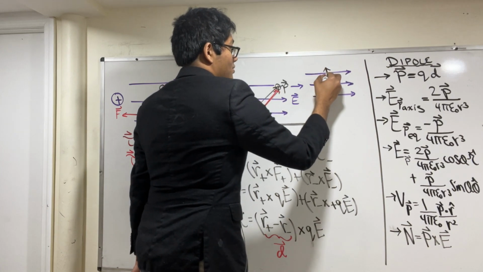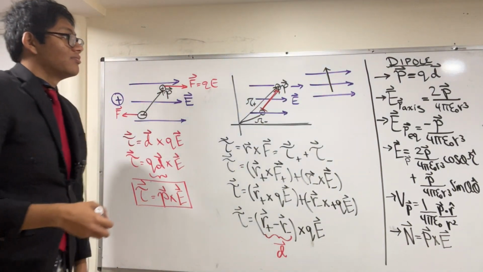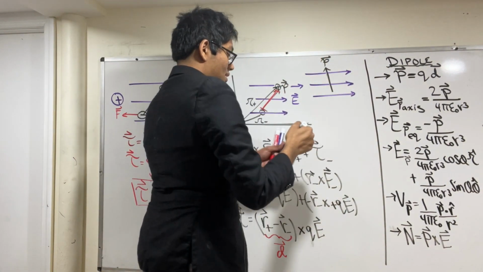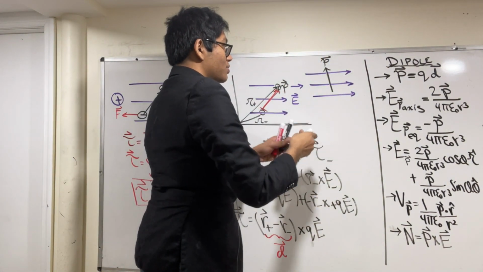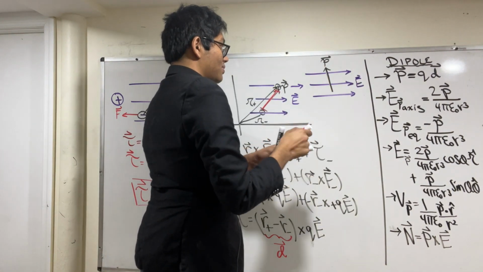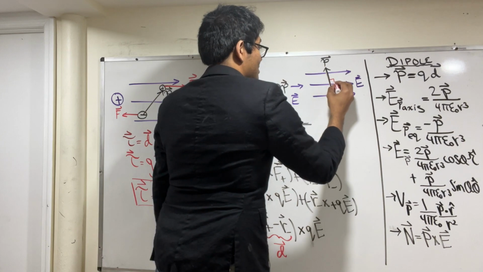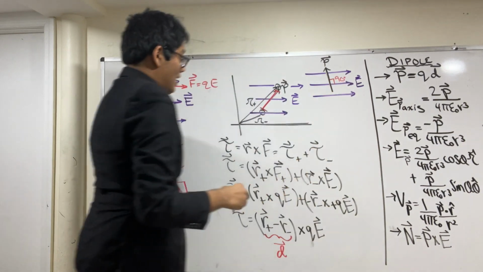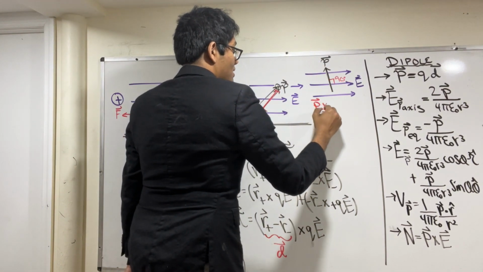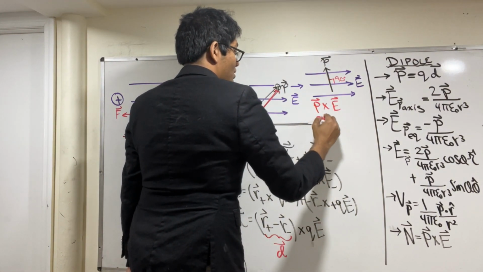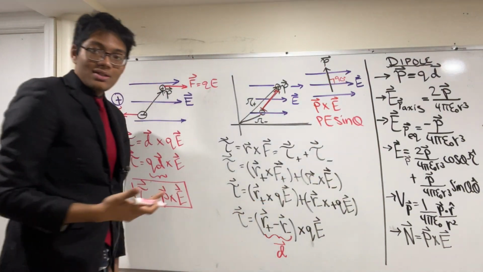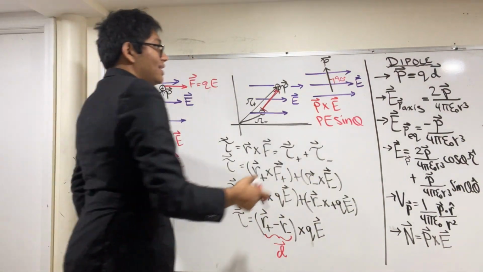Well, my intuition would say that if the dipole moment is perpendicular to the electric field, that's when the torque should be at a maximum, right? Well, what's the angle between these two? The angle certainly looks like it's 90 degrees. And the cross product, if I take p crossed into E, which can also be written as pE sine theta, sine of 90, well, that's when sine is at a maximum, when you're at 90.